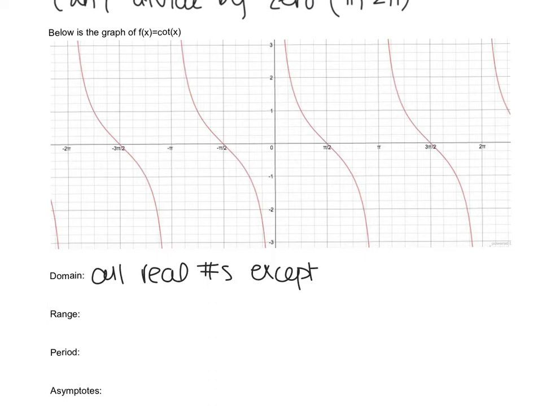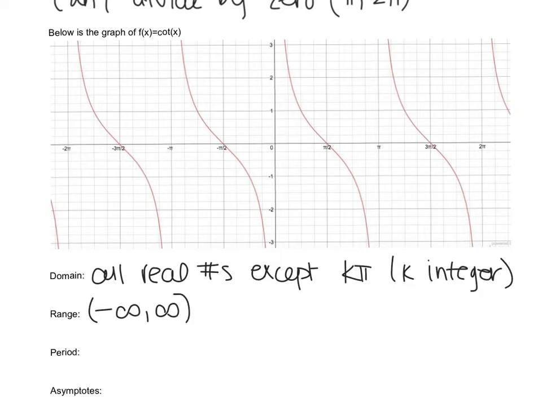So just k pi, again, where k is an integer. Its range is going to be all real numbers because there are no excluded possible values I can get out for cotangent. Its period is, because it's the reciprocal of tangent, going to be the same as the period of tangent as well. So its period is also going to be pi.